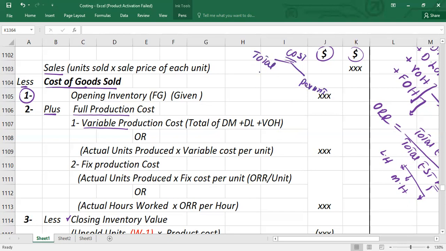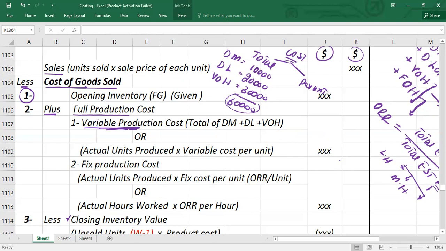For example, if you are provided with the total data, he told you direct material cost is $10,000, direct labor cost is $20,000, and variable overhead cost is, for example, $30,000. So total cost is $60,000. So guys, when you want to write variable production cost, simply you will take this 60,000 and place it in front of variable cost.